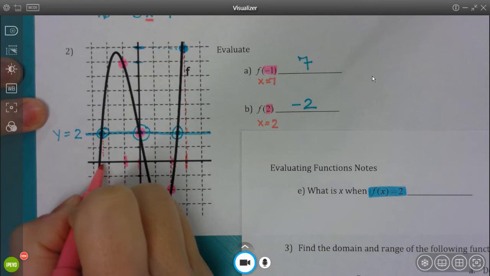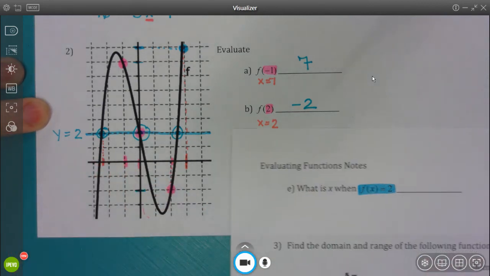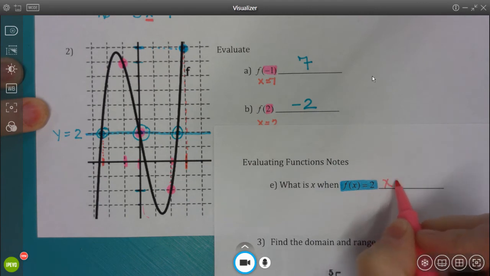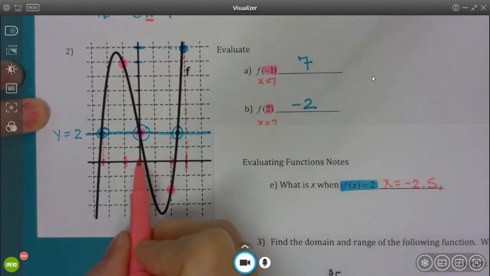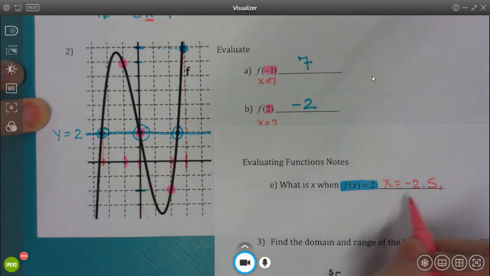So here would be -2.5. So I would have x equals -2.5. Here we have x equals 0.